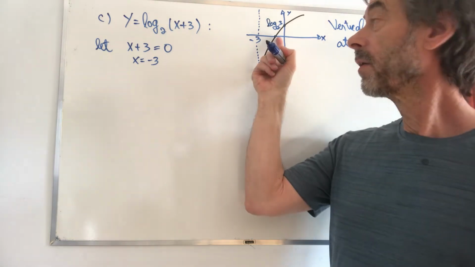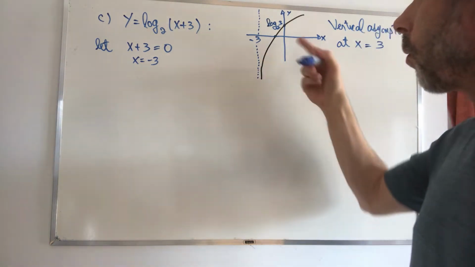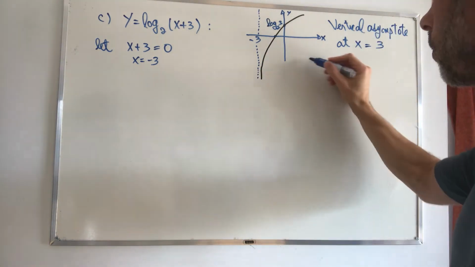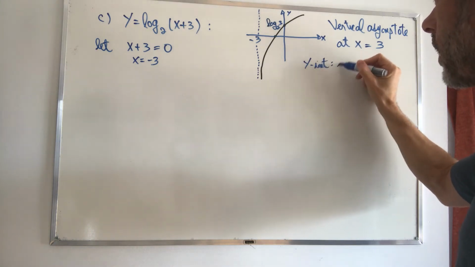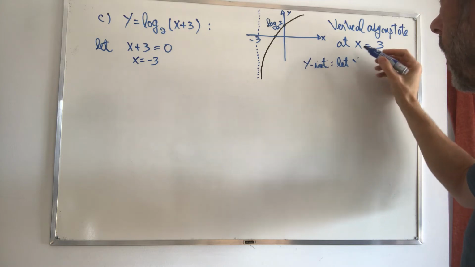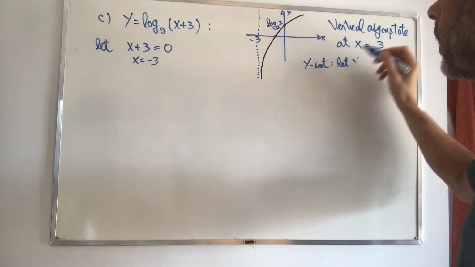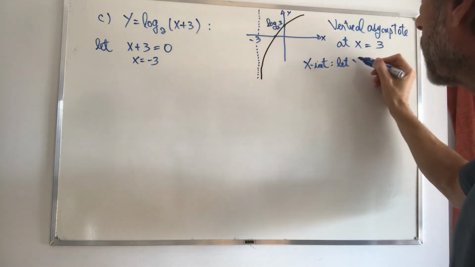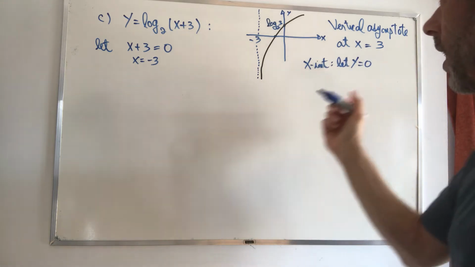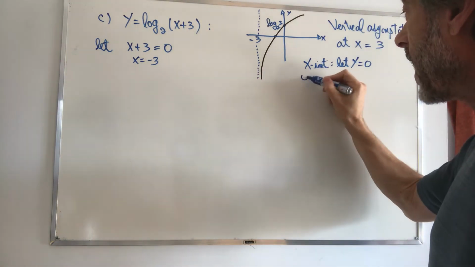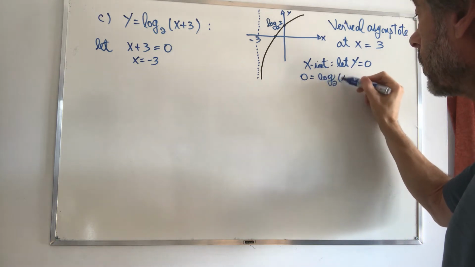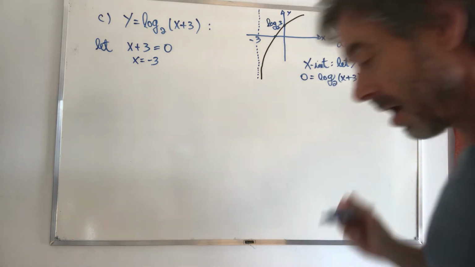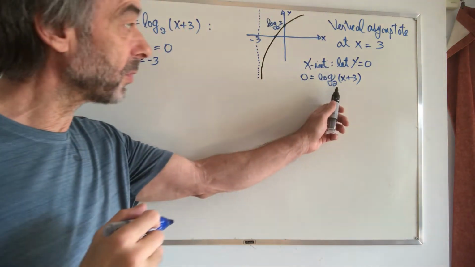As for the x-intercept, then I need to let y equal 0. So y-intercept, let x be 0; x-intercept, let y equal 0. I wrote it wrong. So 0 equals log base 2 of x plus 3.